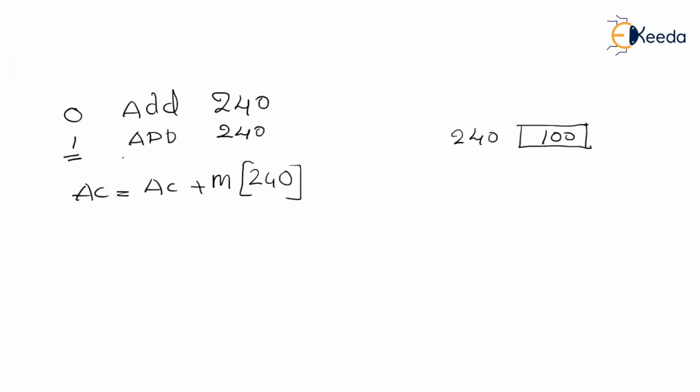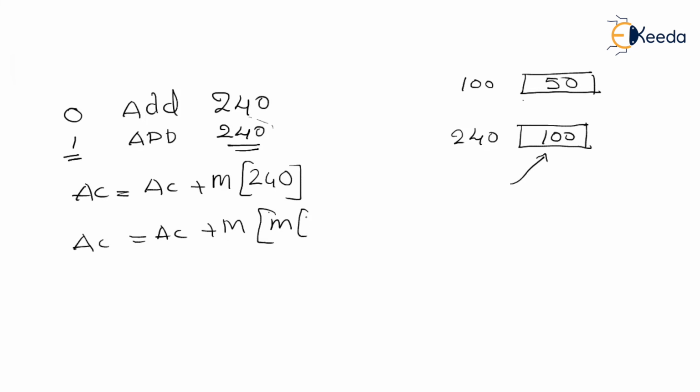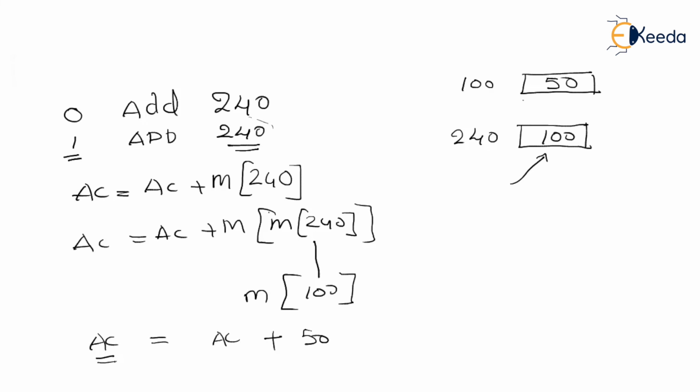Indirect addressing mode specifies that the address in an instruction is going to hold another address in which the actual operand is available. In that case, accumulator is equal to accumulator plus M of 240. Here, M of 240 is equal to 100, and M of 100 is equal to 50. Finally, 50 must be added to the accumulator, and the output gets stored into the accumulator.